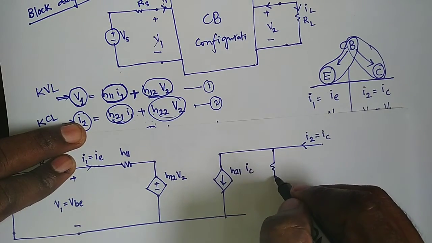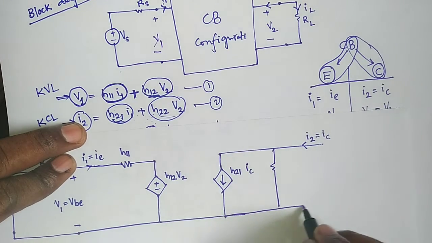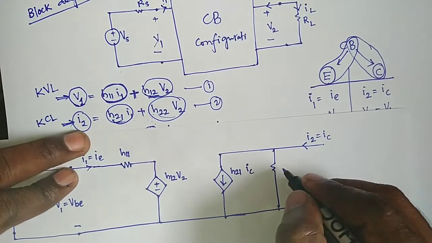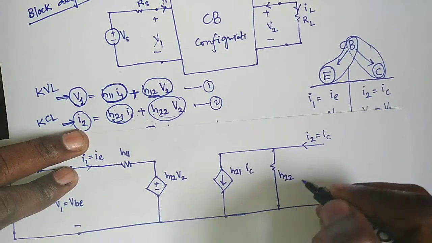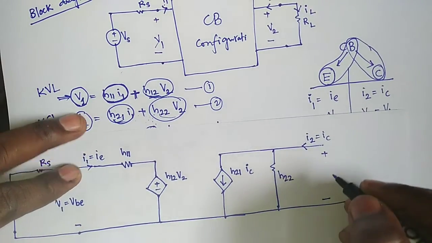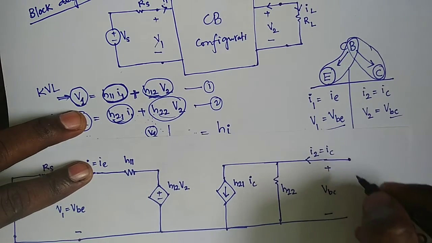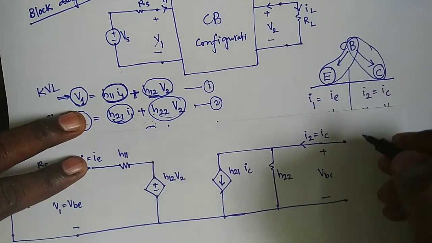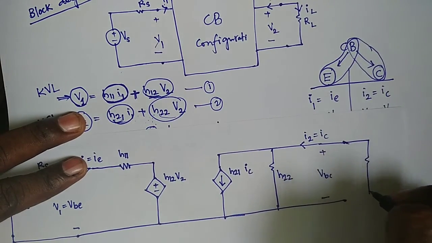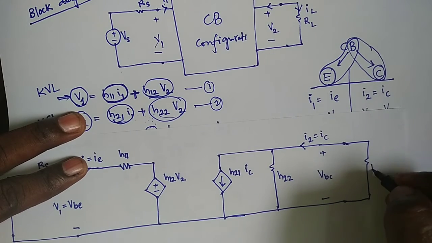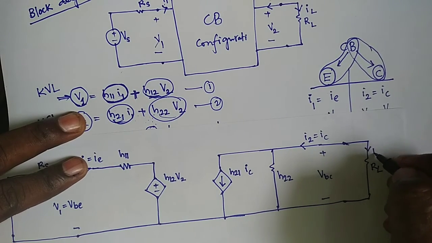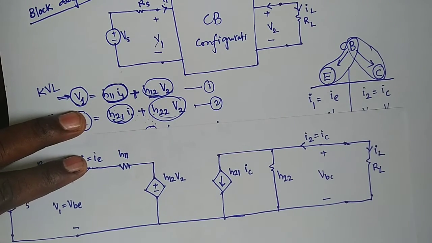And another element in parallel to this I2 is H22. The output value V2 is equal to VBC. This is the actual end of port 2. At the end of the configuration, we are adding load resistor RL. In this RL, current IL is passing.